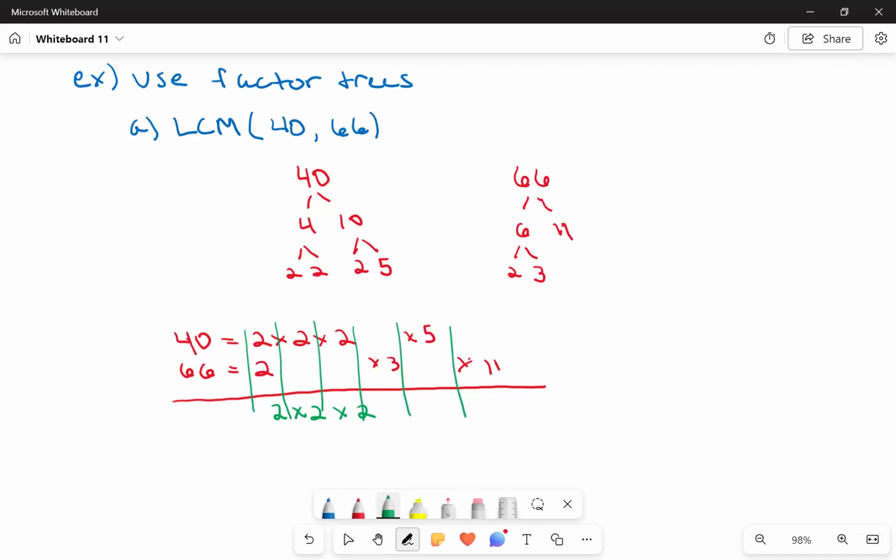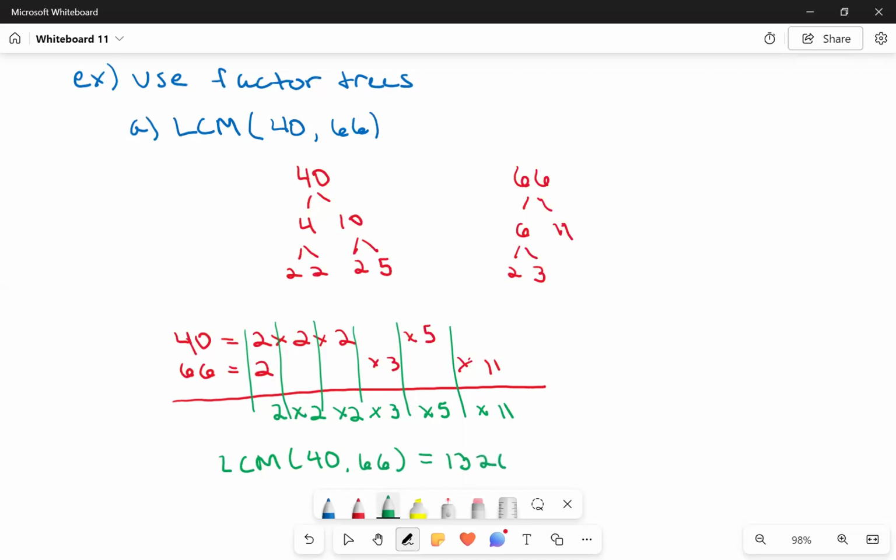Times 3 times 5 times 11. Okay. So get your calculator. Multiply those numbers together. And that's going to give you the LCM for 40 and 66. And what I got was 1320.